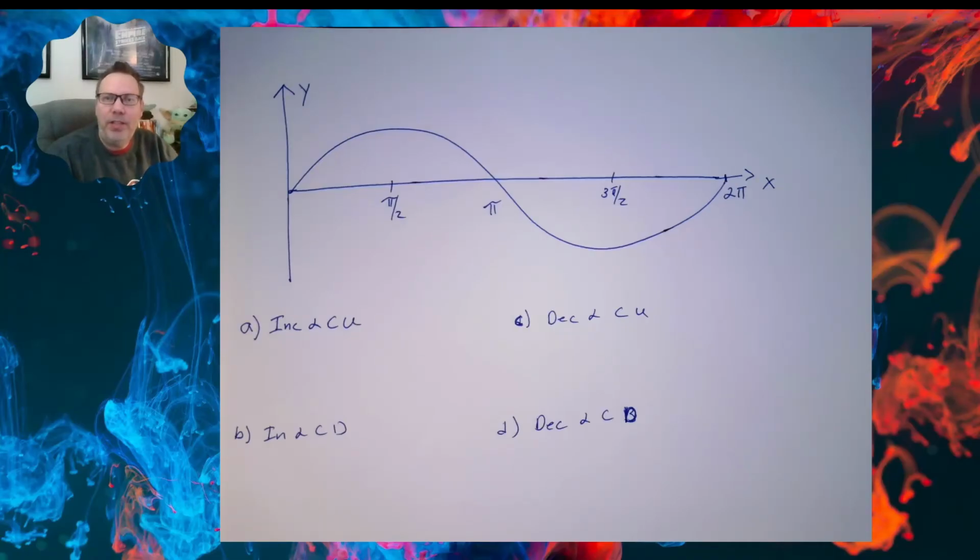So in the problem that I have here, what I'd like you to do is to label the increasing concave up, increasing concave down, decreasing concave up, and decreasing concave down intervals.